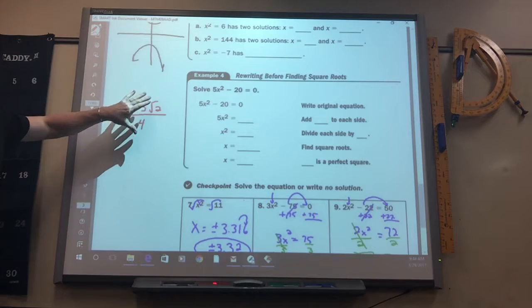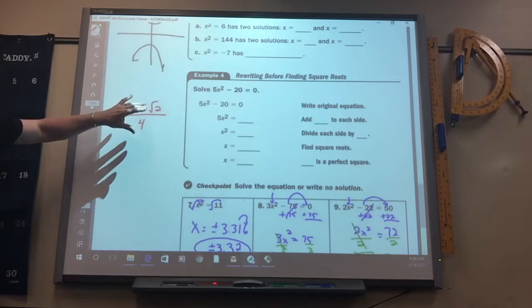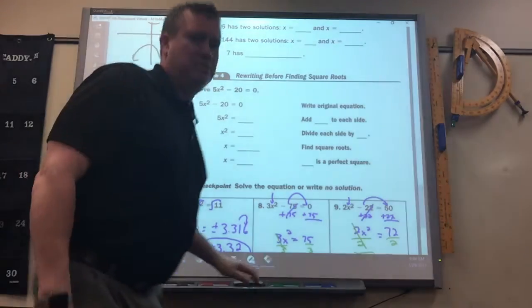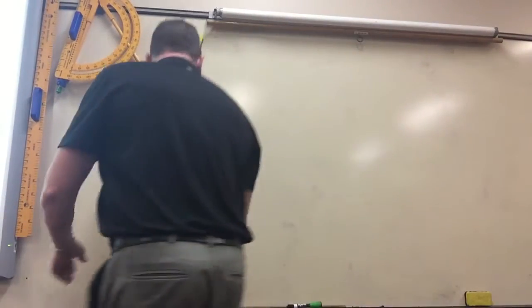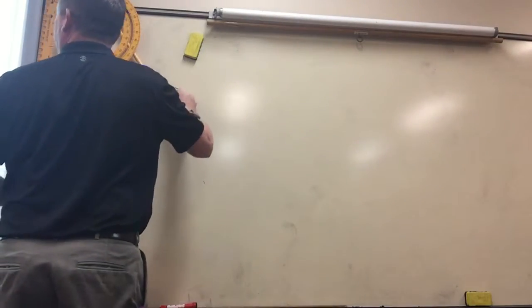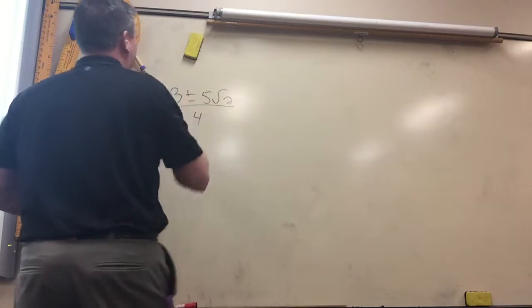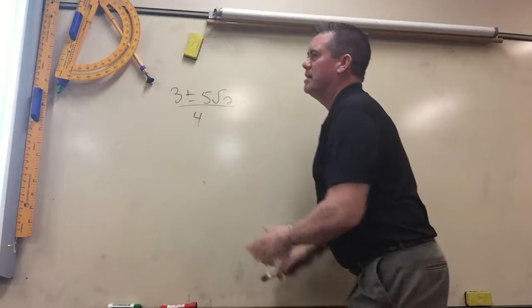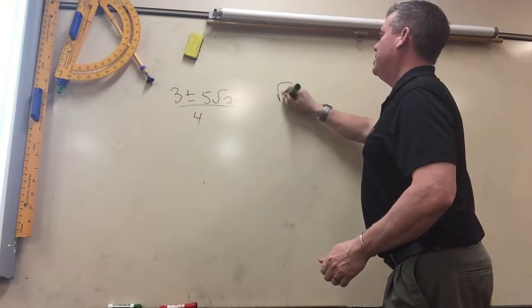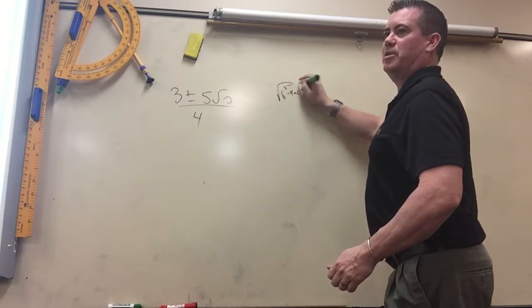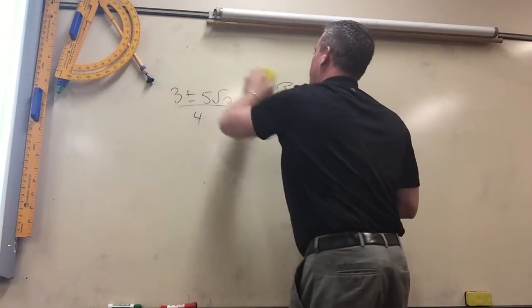They want you to solve this. Again, it's just using a calculator. Okay, so if we had 3 plus or minus 5 square roots of 2 divided by 4. Yesterday, all we had was the b squared minus 4ac, remember, under the square root? Here we've got a whole thing.